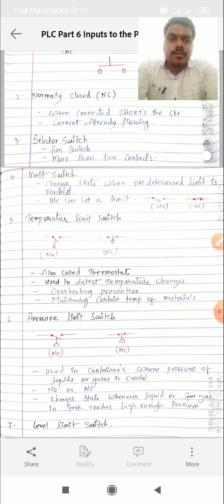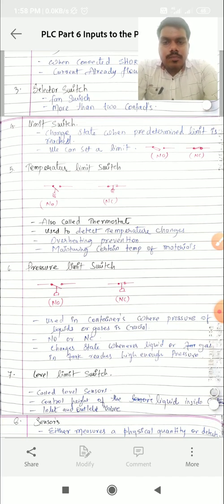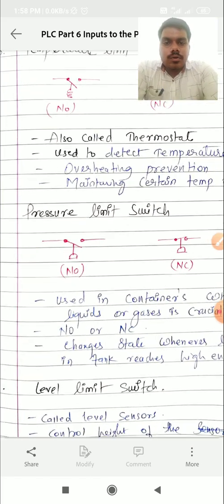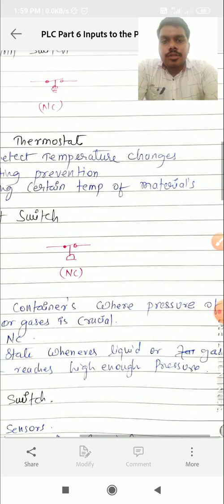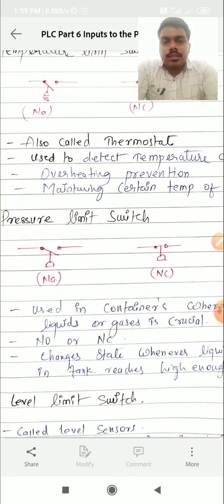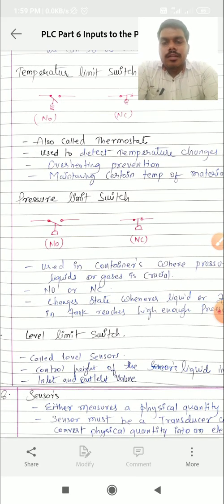As I have explained, if there is a liquid and it is converting into gas form, that state is changed. Then the NO contact will be in NC position, or the NC contact will be in NO position. It is basically used for overheating prevention. If overheating is happening in the system, it will prevent it. It maintains a certain temperature of material; any kind of material's temperature change can be detected by this temperature limit switch.